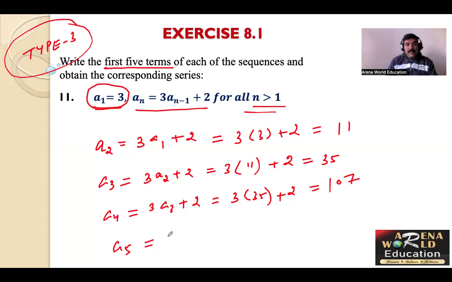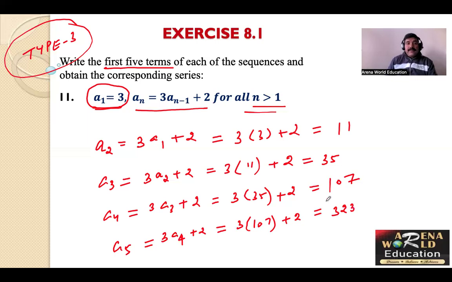So A5 will be 3 into A4 plus 2, and A4 we have already calculated. This is 107 into 3, 321, plus 2, so 323.